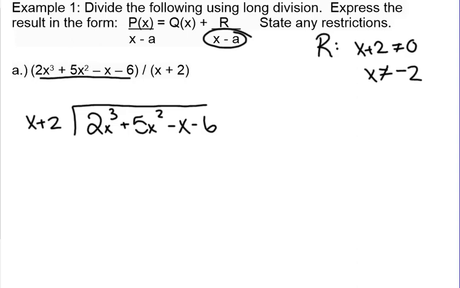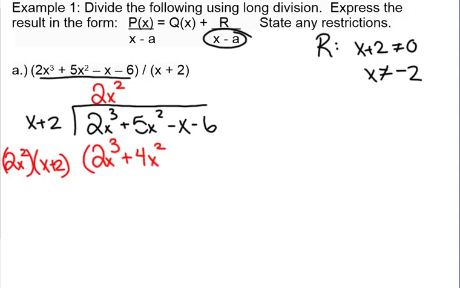Well, that is 2x squared. So 2x squared times x plus 2, that is 2x cubed plus 4x squared. And we're going to subtract that whole piece.